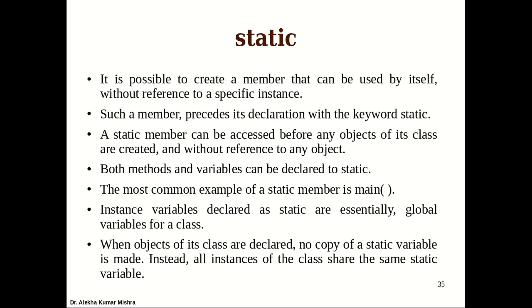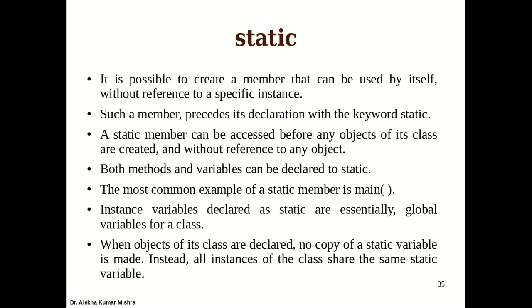Instance variables declared as static are essentially global variables. So when we try to access these variables outside the class, they are global and are not to be accessed through the object. That means they can be accessed directly, without the normal member methods. We'll see the method of accessing a static member here.